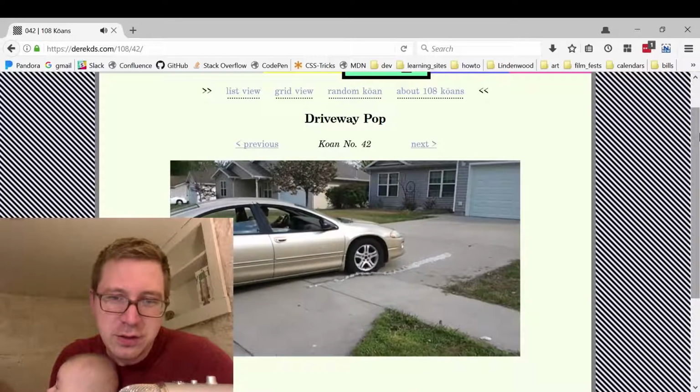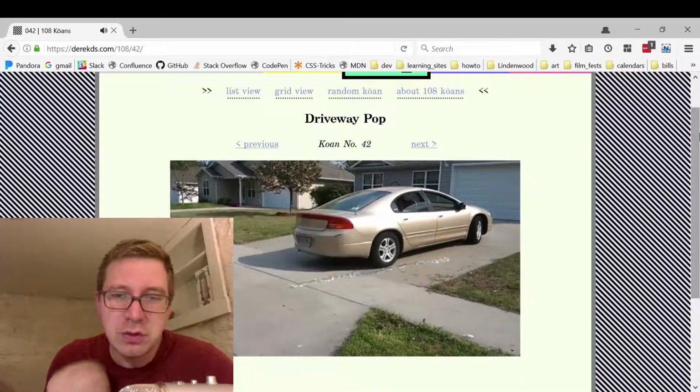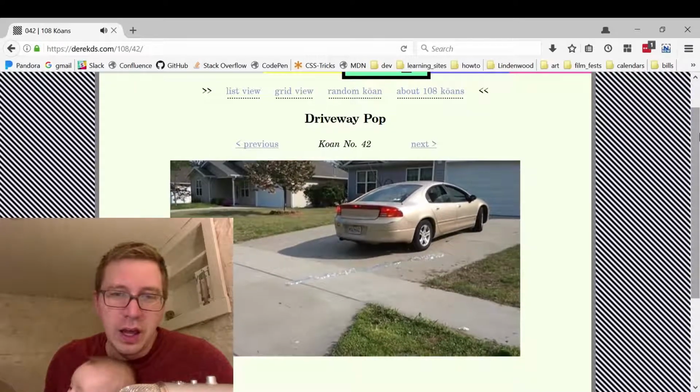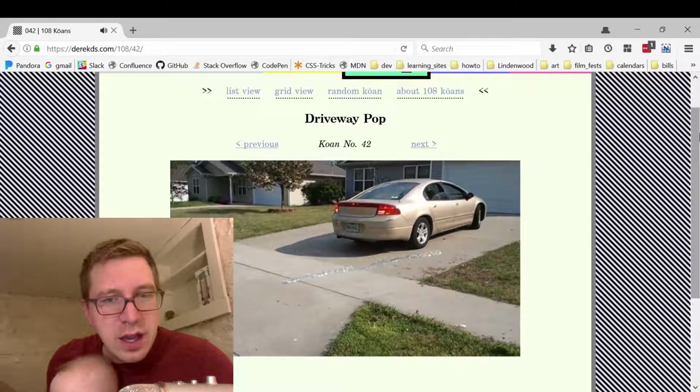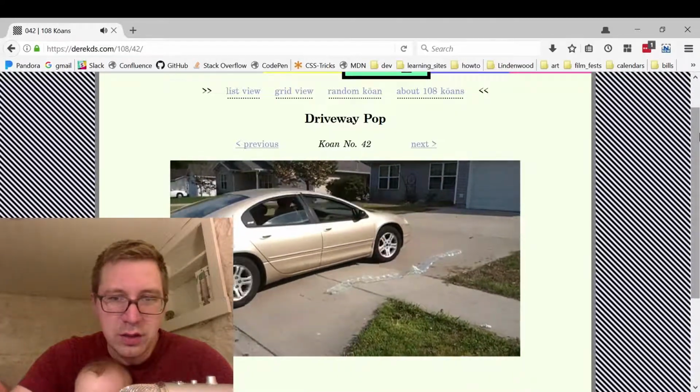Oh, there's the Dodge Intrepid that I wrote about in Koan number 32. This wasn't staged. I actually saw this.